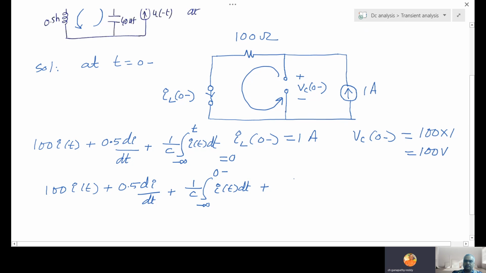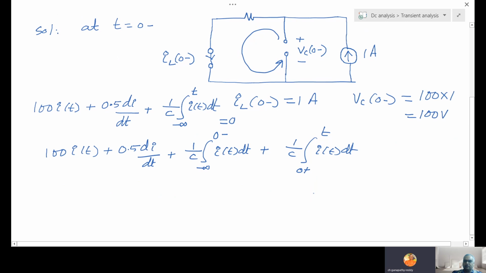Then 0 minus to 0 plus, that is anyway 0. Plus 1 by c integral from 0 plus to t of I of t dt is equal to 0. What is the meaning of this one? This is the initial value, na? So what is the initial value we have? 100 volts.